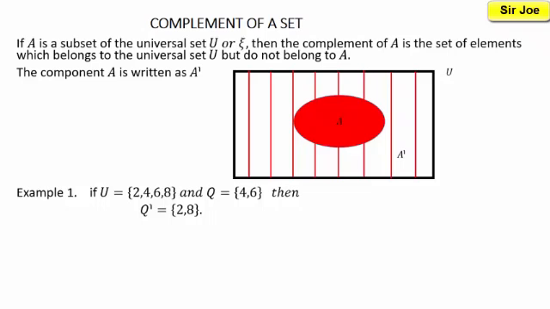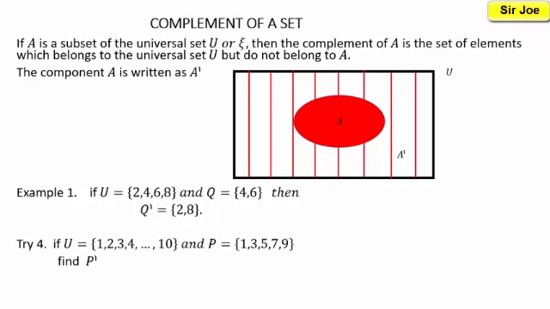Looking at the universal set, let's compare it to the set Q. We are looking for all elements in U that are not in Q. So what are the elements in U that you cannot find in Q? That's 2 and 8. So that one becomes your Q complement. I hope you understand this one. If yes, then try this one for me.